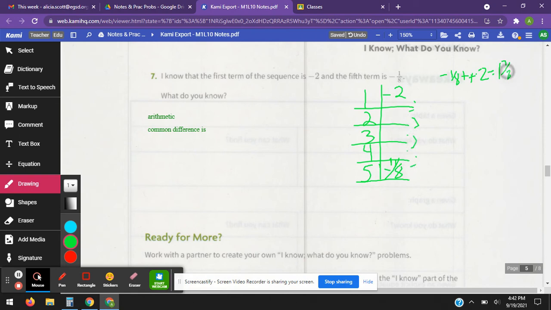So 1 7/8, let's go ahead and make this improper. 15/8 divided by, what did I say? 1, 2, 3, 4. Which is the same thing as 15/8 times 1/4. This is starting to get kind of ugly, isn't it? This one is 15/32.